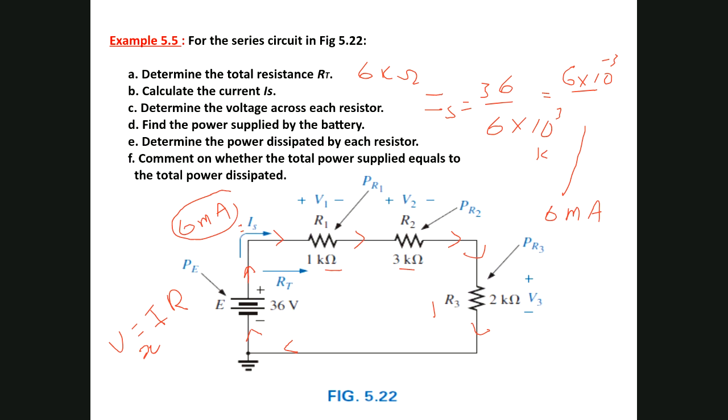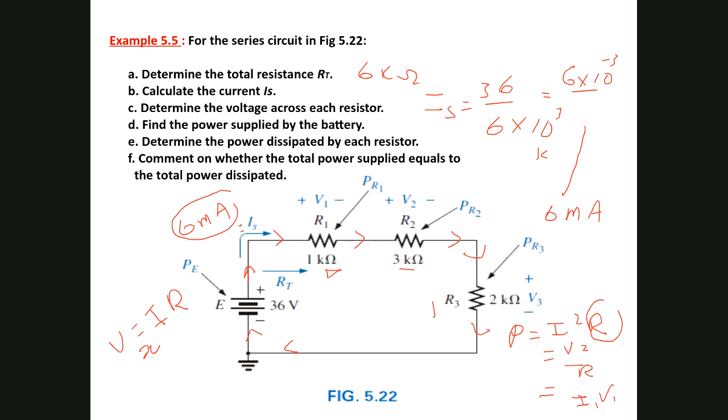Later on, you can also find the power by any form. For example, I square times R. You have I square, which is 6 milliamp square, times R. For example for R1, you will have 6 milliamp square times 1. Similarly, you can apply V square over R, or you can apply I1 times V1.